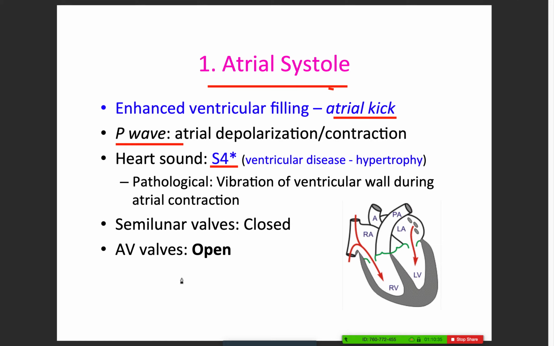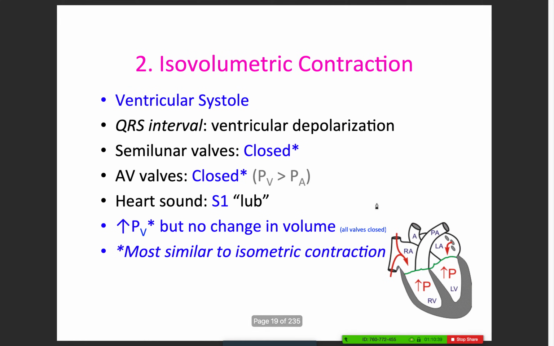Valves. Some valves are open, some valves are closed. We know this stuff. This is very basic stuff. Okay. Next, we have our isovolumetric contraction. What does this mean? So you remember there was a point on that diagram where we had our mitral valve closed and we had the aortic valve closed. The pressure was building within the ventricle until that pressure became greater than the pressure within the aorta.